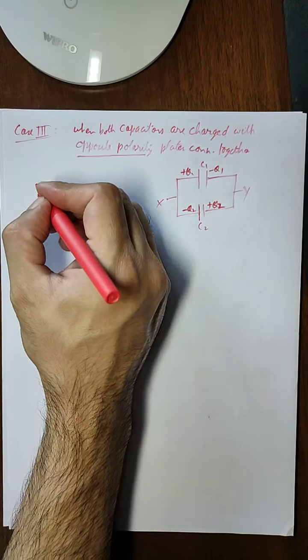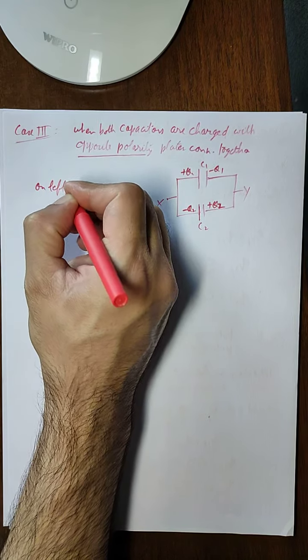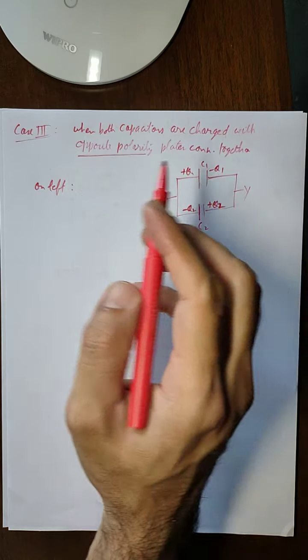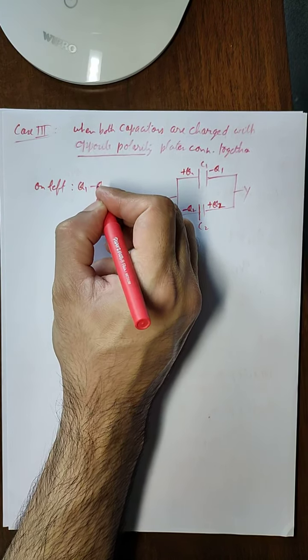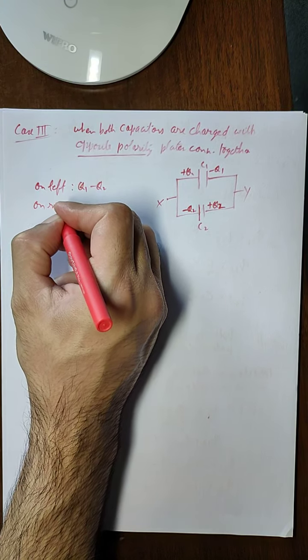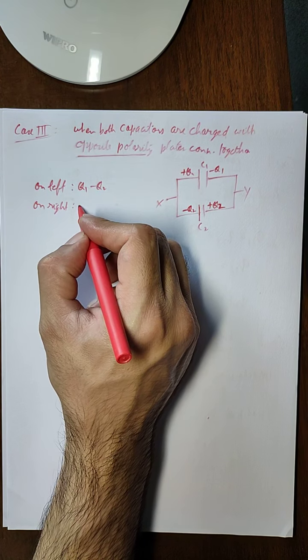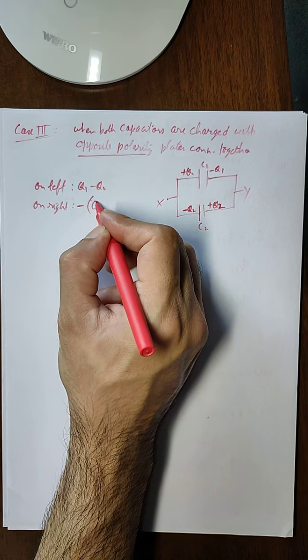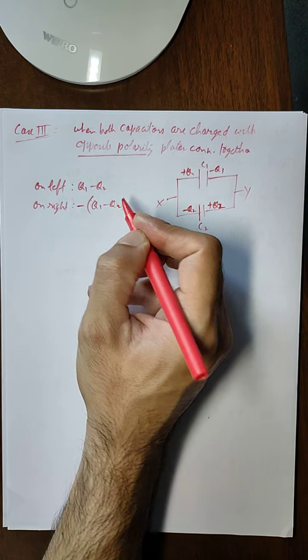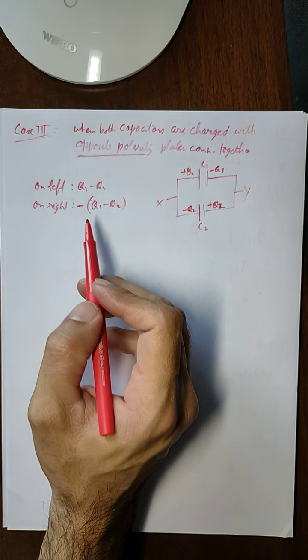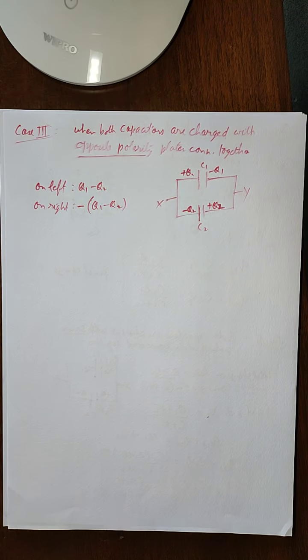So on the left side, the total charge will be equal to Q1 minus Q2, and on the right side the total charge will be equal to minus of Q1 minus Q2. It will be Q2 minus Q1. That can be written like this by taking the minus sign common.